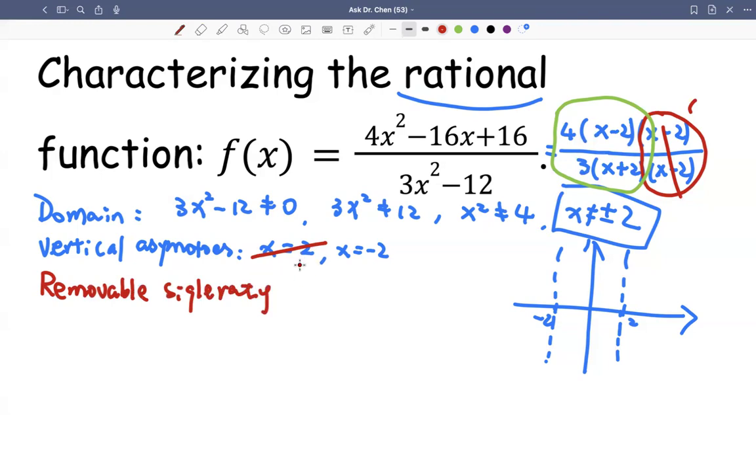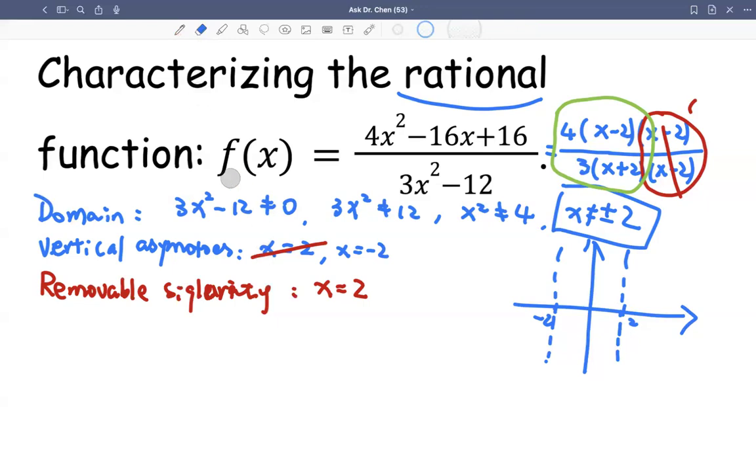Removable singularity. Okay. And then we write x equals 2. So x equals -2 is indeed a vertical asymptote, but x equals 2 will only be a circle somewhere.